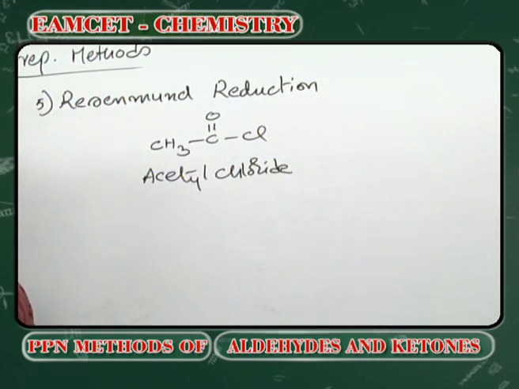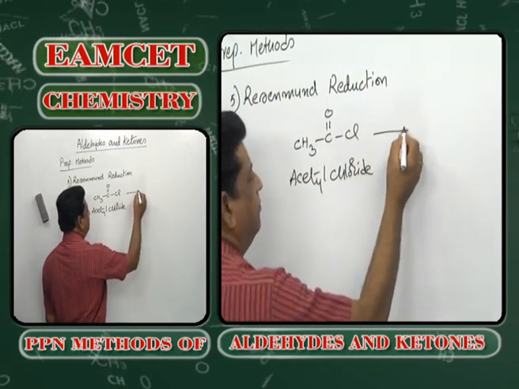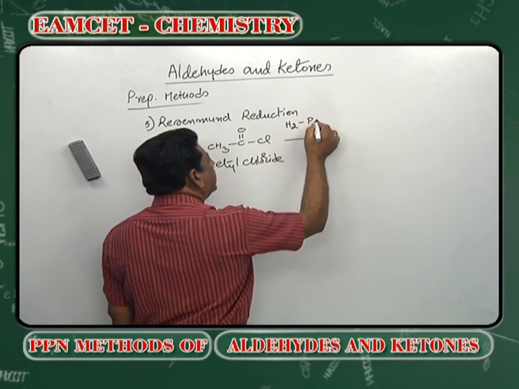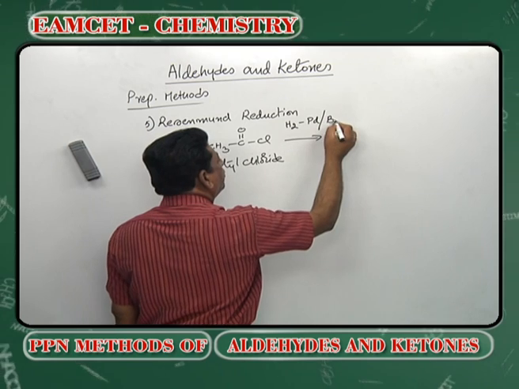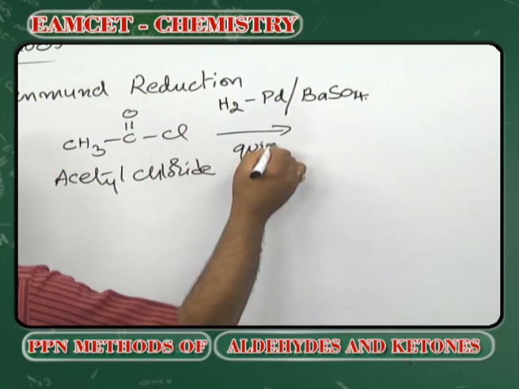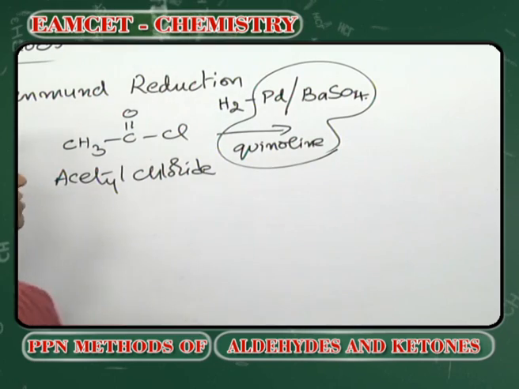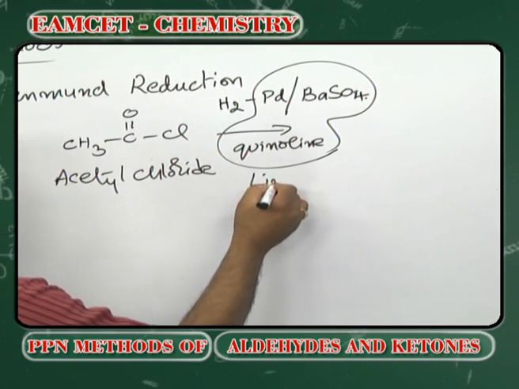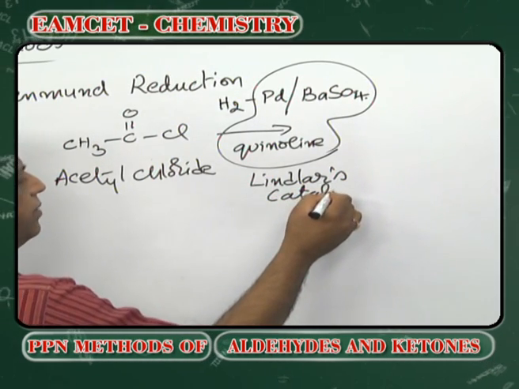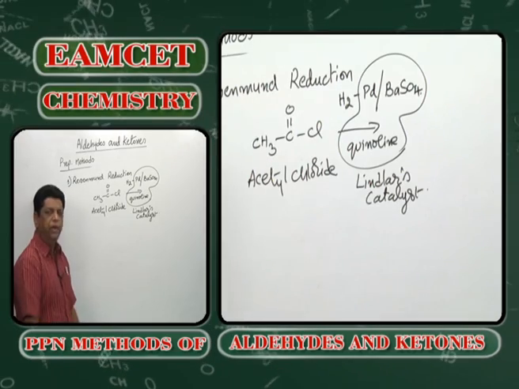When you reduce acetyl chloride with lithium aluminum hydride, it gives ethanol, but we want the aldehyde. So you take hydrogen gas and palladium adsorbed over barium sulfate in quinoline solvent. This mixture is also known as Lindlar's catalyst. The same catalyst is used for the controlled reduction of alkynes to get alkenes.